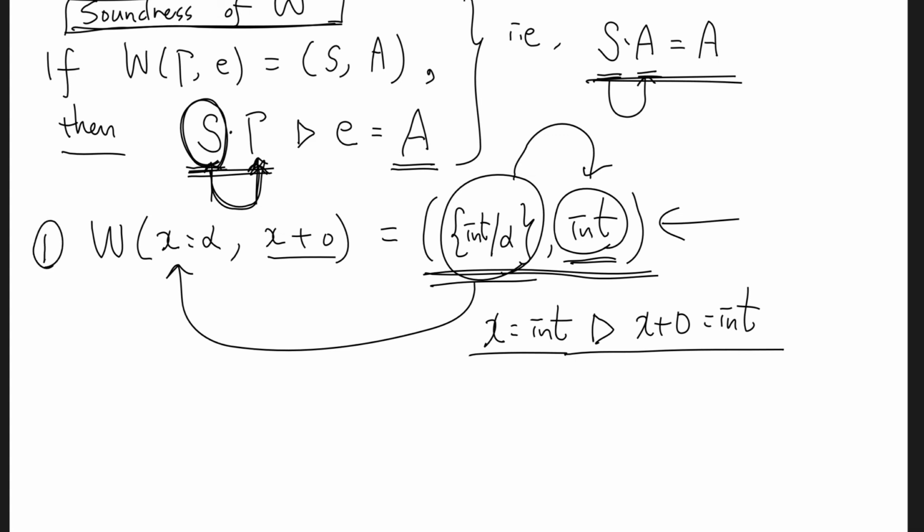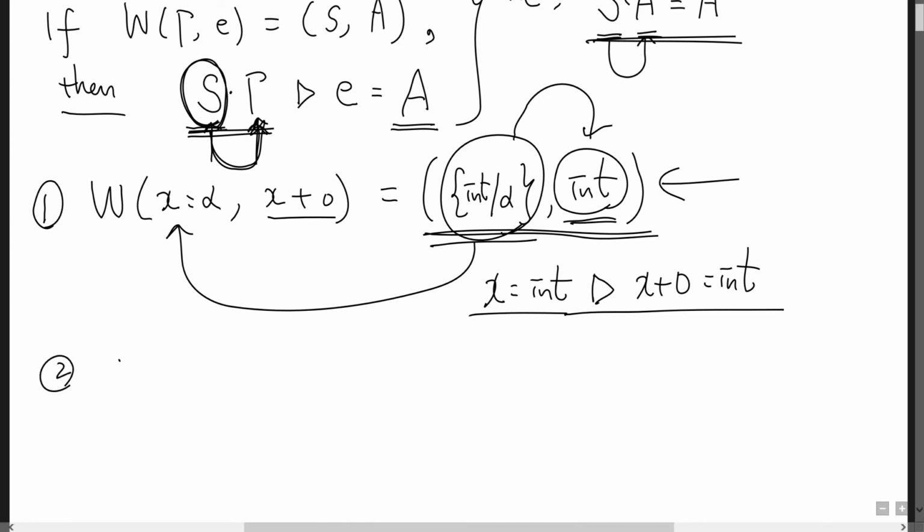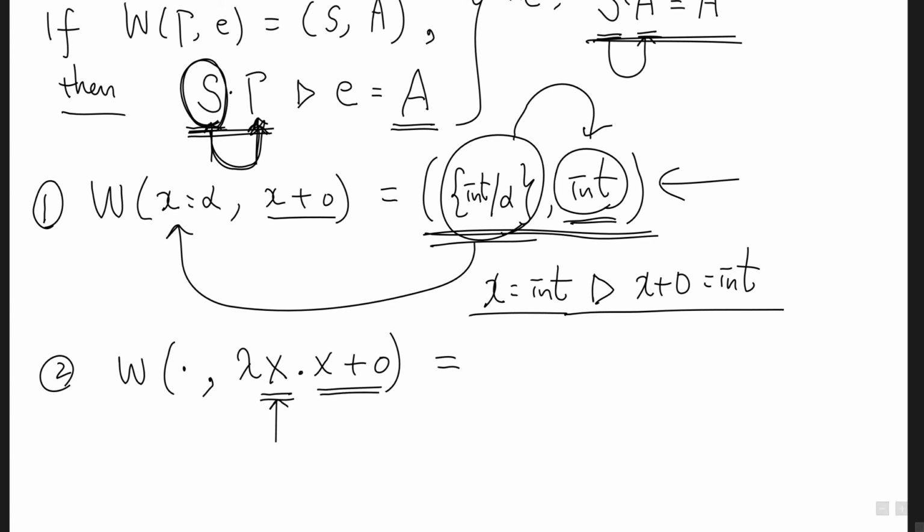The second example is, this time the typing context is empty and we'd like to test this expression. So the algorithm would proceed in this way. First, we'd like to find the type of this variable x. But before analyzing the body of this lambda abstraction, there's no way to fix the type for this variable x. So we leave the question unanswered. That is, we introduce a type variable alpha, and we assume that x is of type alpha.